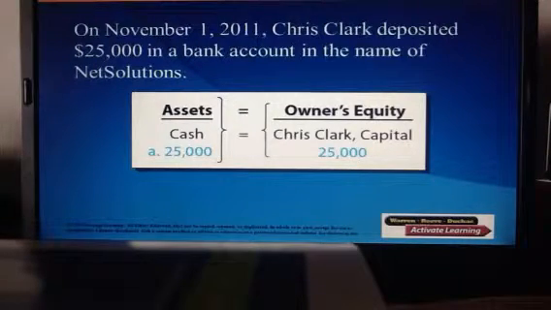So this transaction, every transaction has at least two parts to it. Notice on this one, the business, Net Solutions, now has an asset it didn't have before. And there are specific types of assets or things that the company owns. One of those is cash. This business now has $25,000 in cash that it didn't have before.